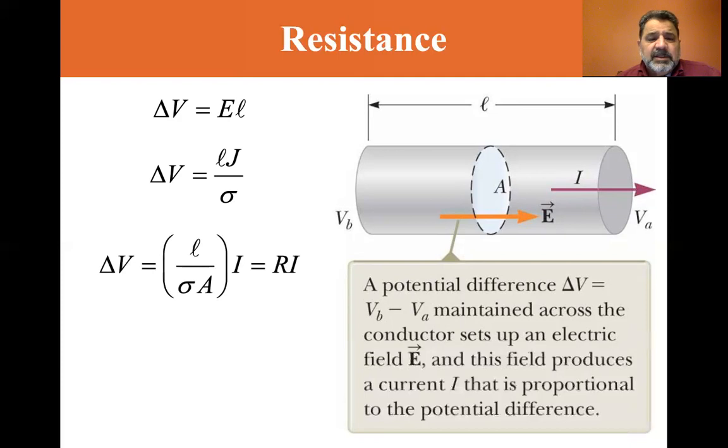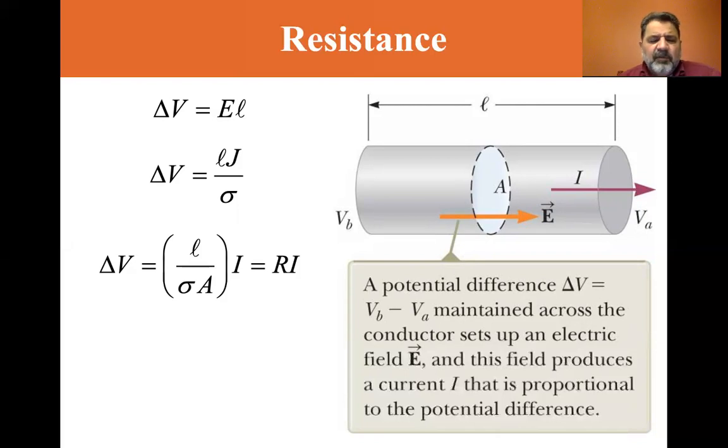And since J is also equal to I over A, we have L, the length, divided by the conductivity times the area, times I, is equal to the resistance times the current. So L divided by conductivity times the area is equal to the resistance.